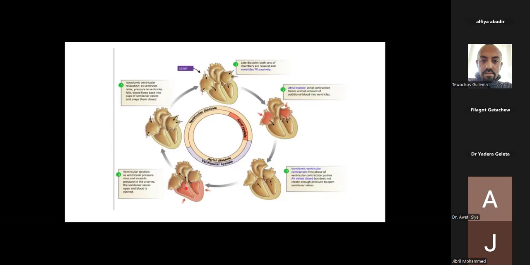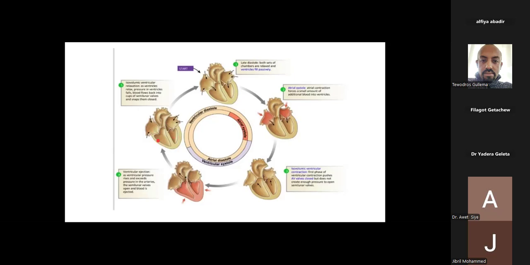Now, the aortic valve is closed, and the AV valve is also closed. And the atria on both sides are receiving blood, right side from the inferior and superior vena cava, and the left one from the pulmonary veins. And the contracted ventricle should undergo relaxation, okay?